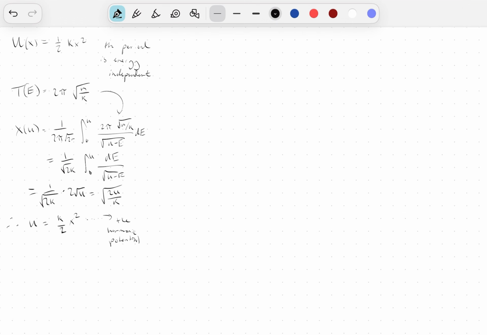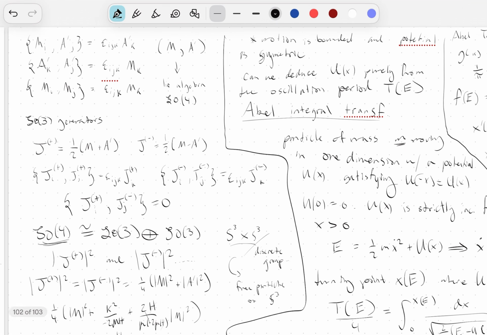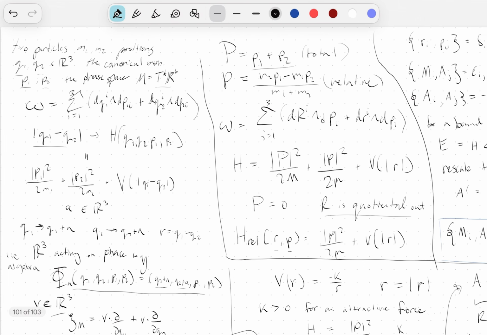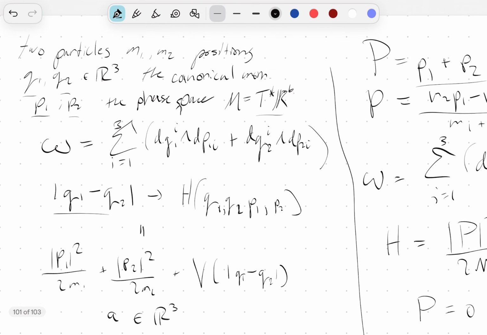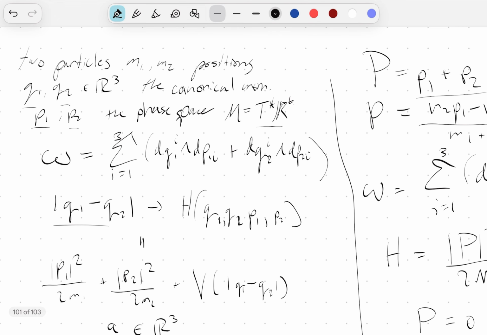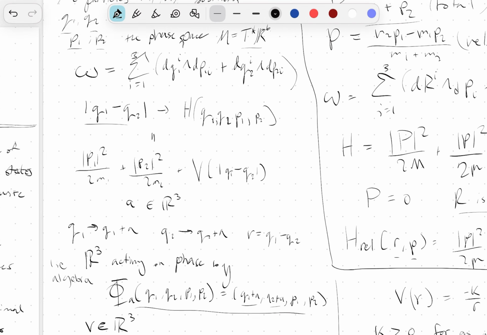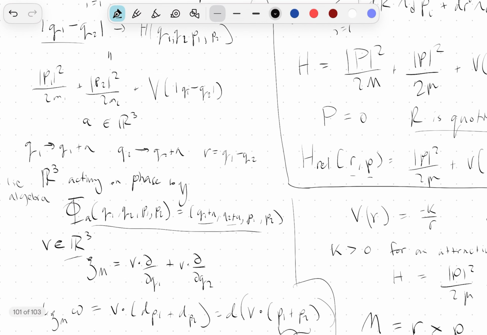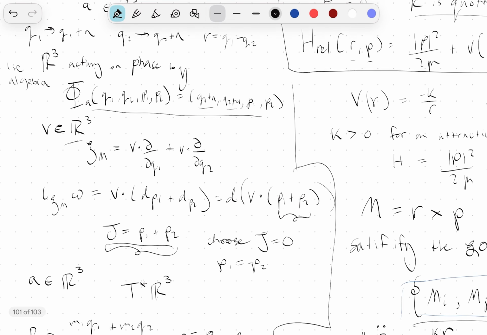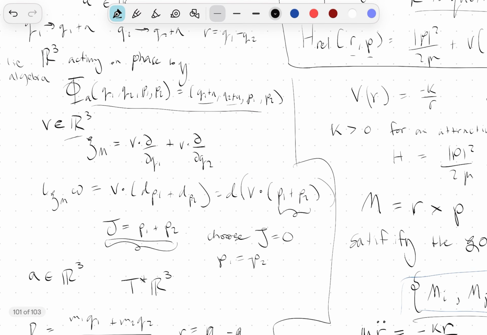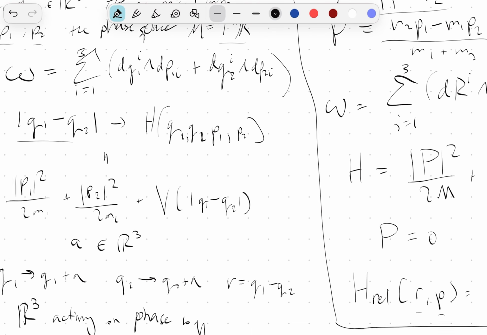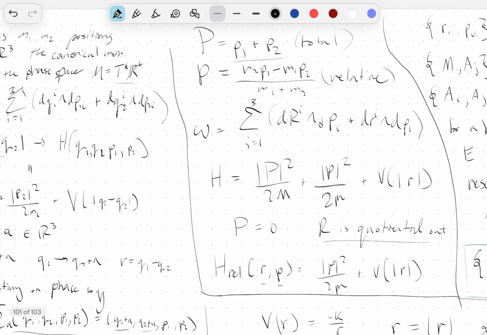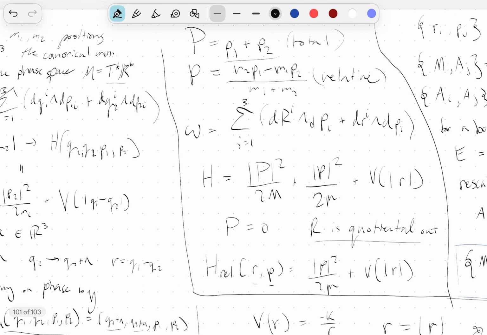And so let's take a look back at what we've covered so far. We started with the two particles, right? The translation symmetry removed 3 degrees of freedom, the center of mass position and 3 conjugate momenta, so the total momentum. And then we collapsed this 12-dimensional two-body phase space into a 6-dimensional effective one-body problem.